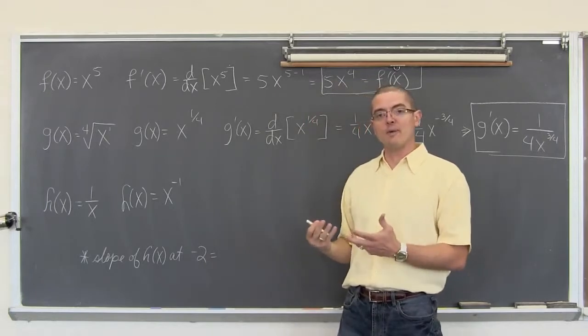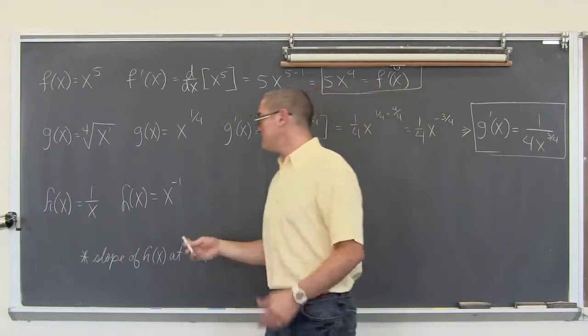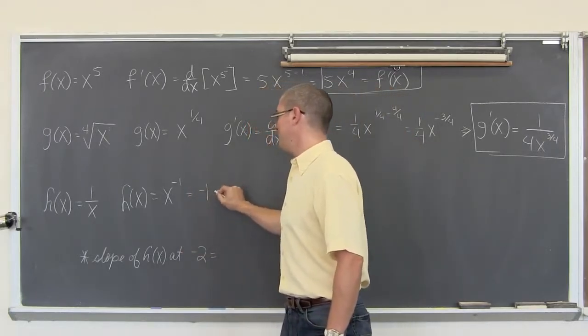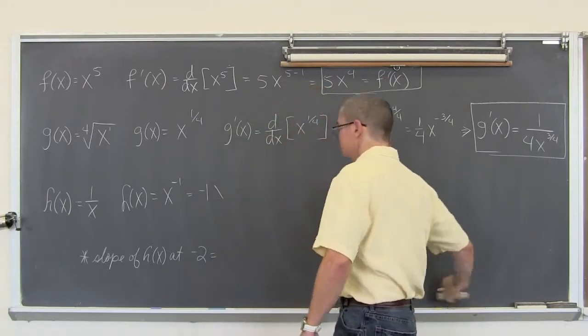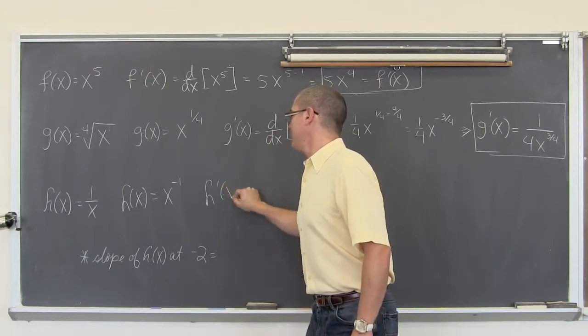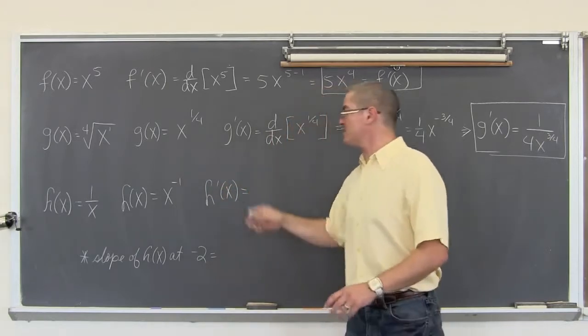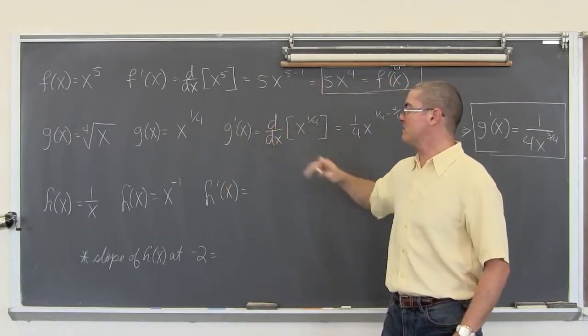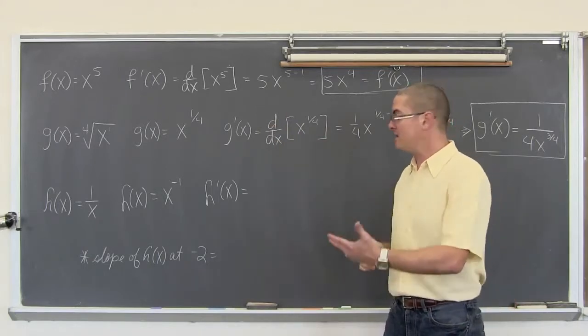Now that I have it written in that format where I can use the power rule, h prime of x is equal to, and I'm going to skip the derivative with respect to x notation here and just write the answer.